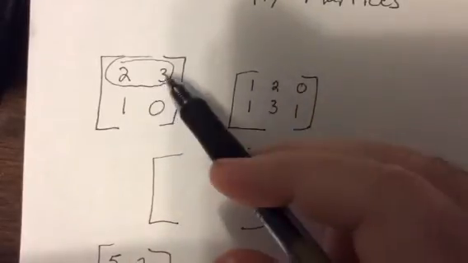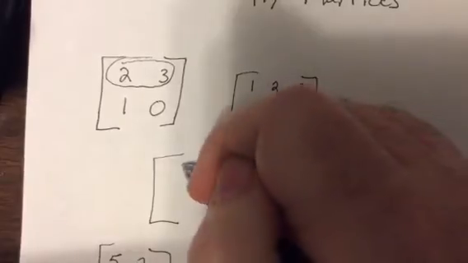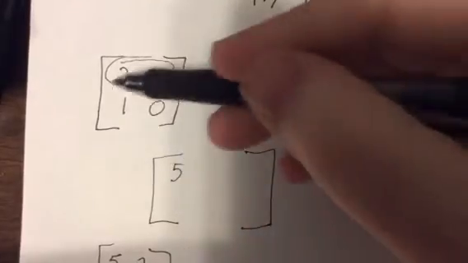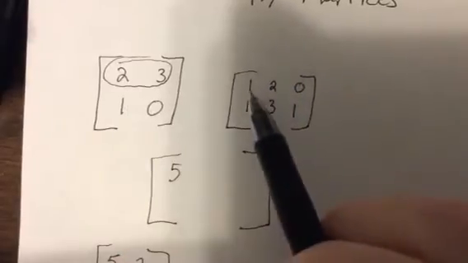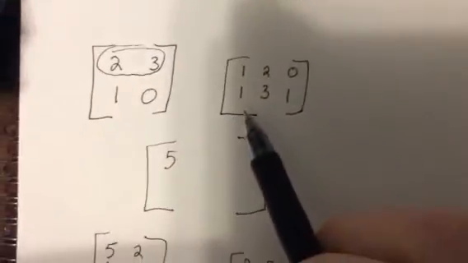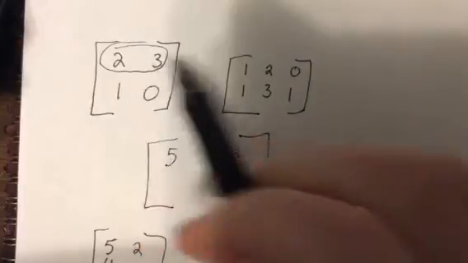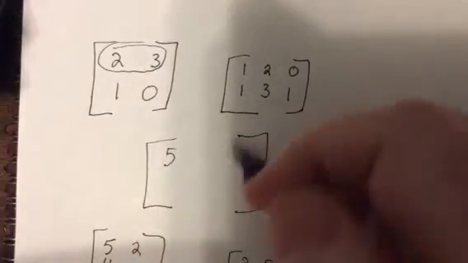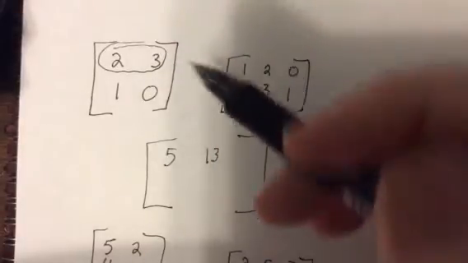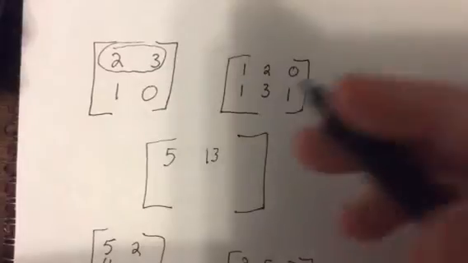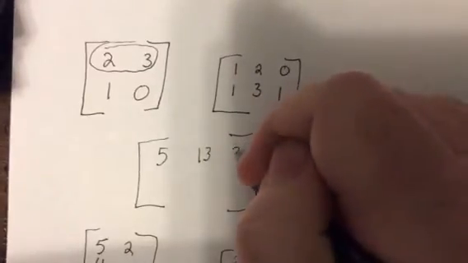So 2 plus 3 is 5. Then you do row 1, column 2. So 2 times 2, 3 times 3. Let me move this over. Sorry about that. That'd be 4 plus 9 is 13. Row 1, column 2. Then 2 times 0 is 0. 3 times 1 is 3. 0 plus 3 is 3.